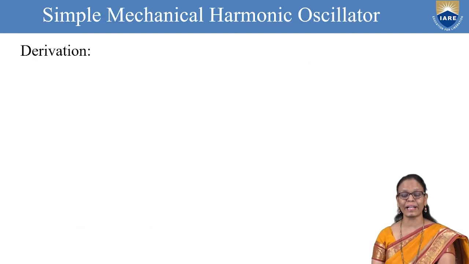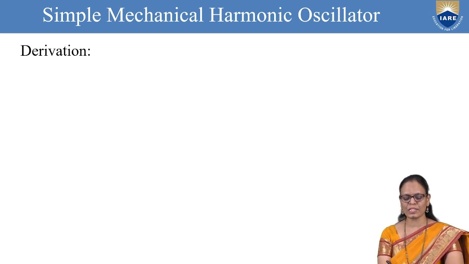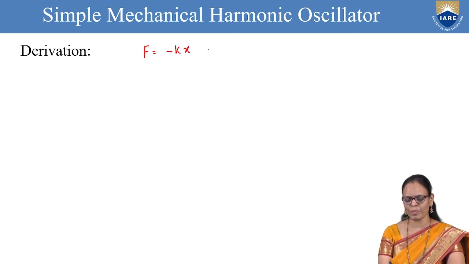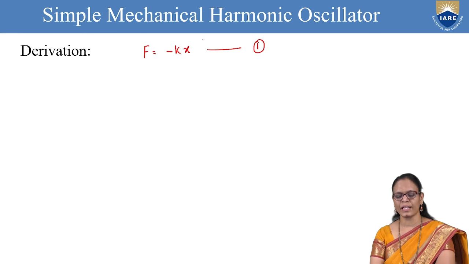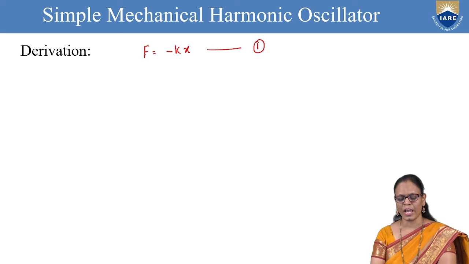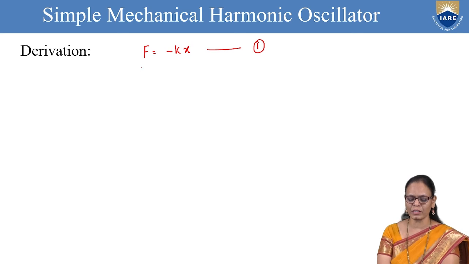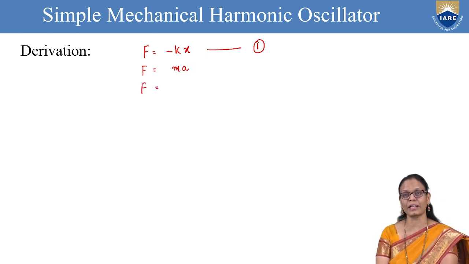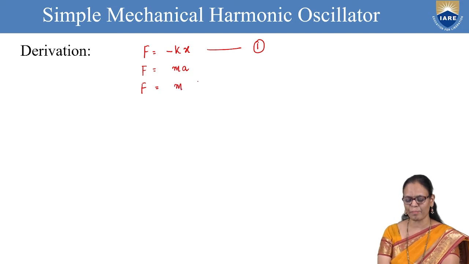Let me quickly write down the steps in the derivation. First, we started with F is equal to minus Kx from Hooke's law, because the displacement is proportional to the force. F is proportional to x and K we are taking as the spring constant. Then we have taken Newton's second law, F is equal to ma, and we have written the acceleration in terms of x. So this is m into d square x by dt square. This is the second equation we got.